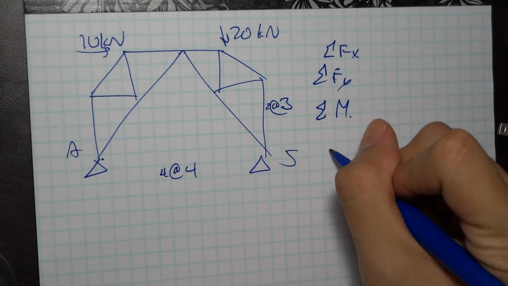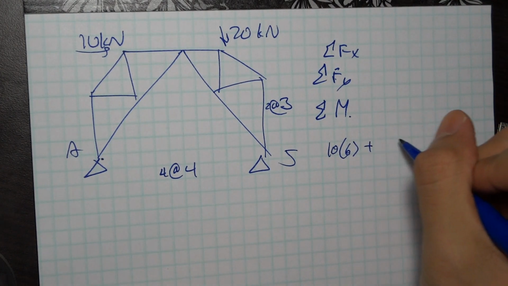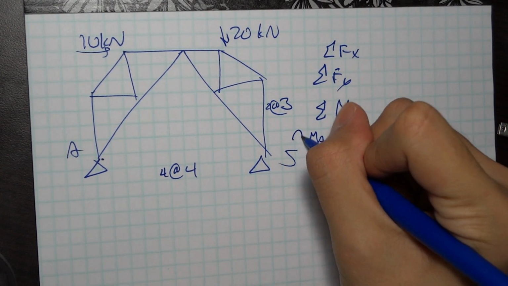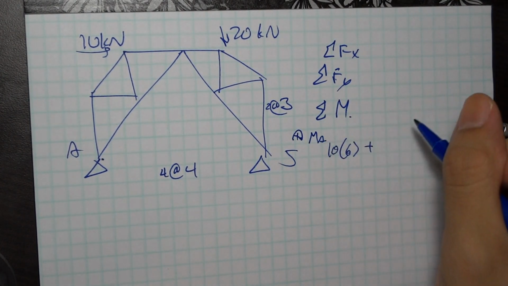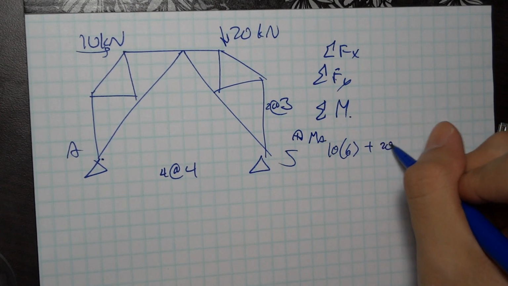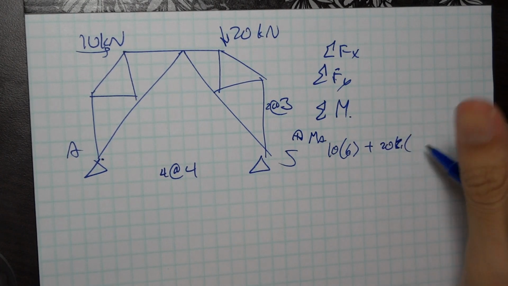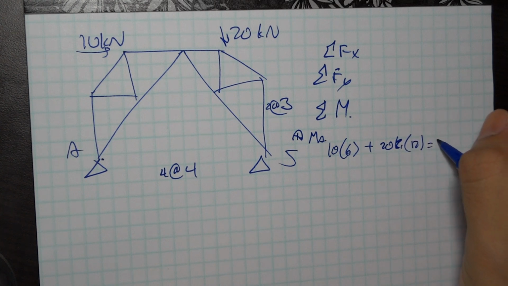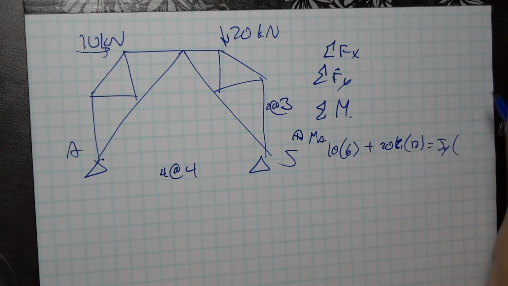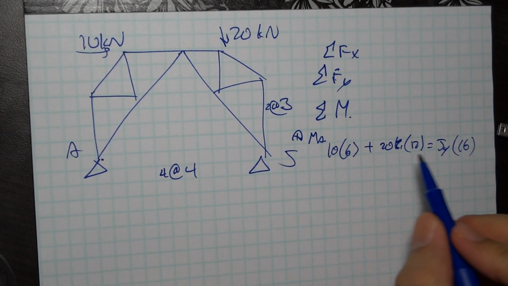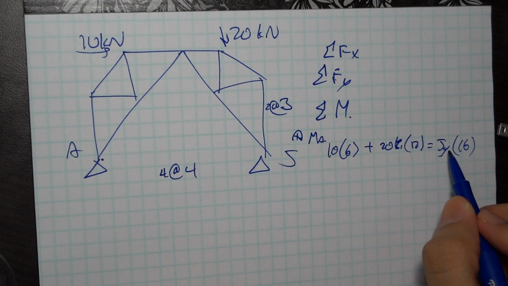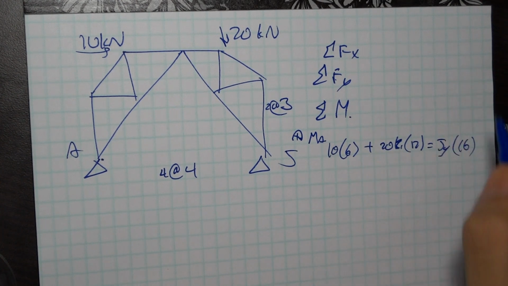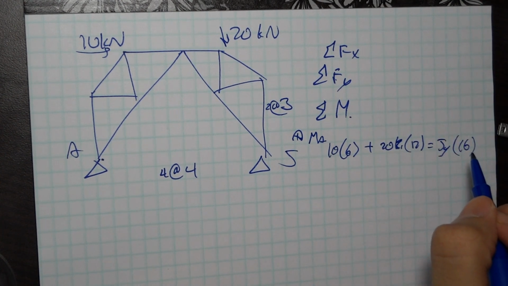So let's do that quickly. 10 times 6 plus, this is moment about A, with clockwise being positive, plus 20 times 12 equals Jy times 16. The professor uses Vj here, the vertical direction at that point.